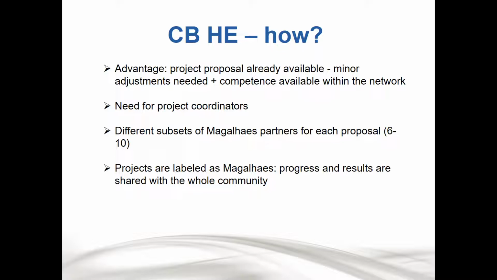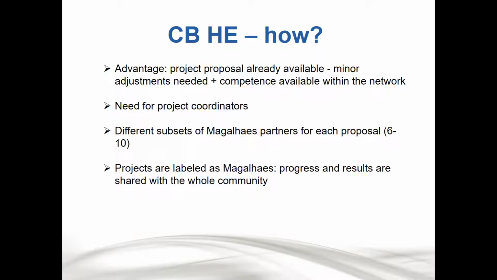The thing is that we need project coordinators, because this is quite a time-consuming task, and we need to identify people who are actually really interested in doing this, and we cannot always have the same partners trying to coordinate all the projects that we might come up with.